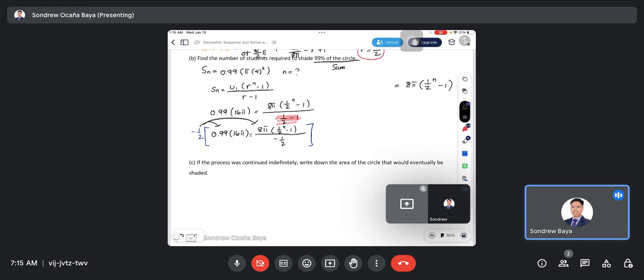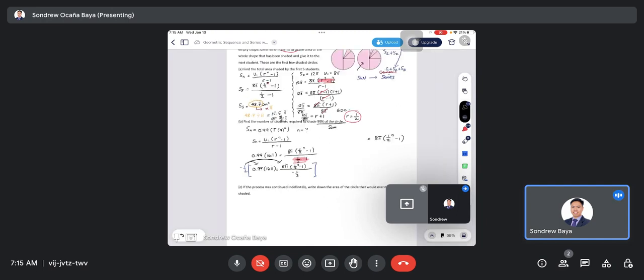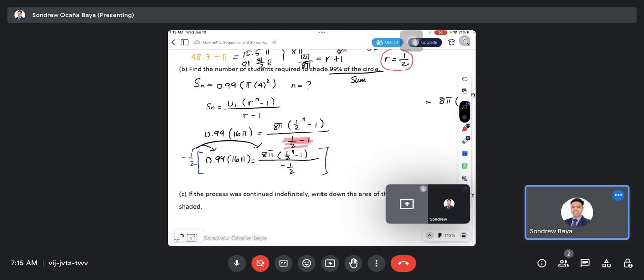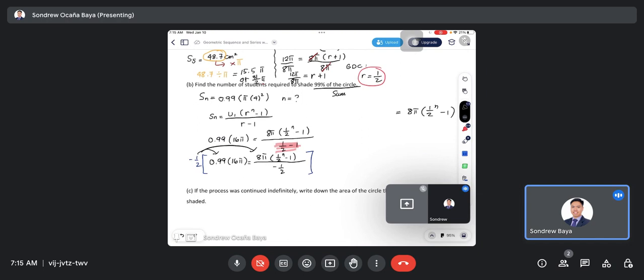Okay? While the right side, rather, the left side, we can multiply negative 1 half with 16. So this gives us negative 0.99 times 8 pi. Okay? So 16 divided by 2 is 8, and then it's negative, so this becomes negative as well.